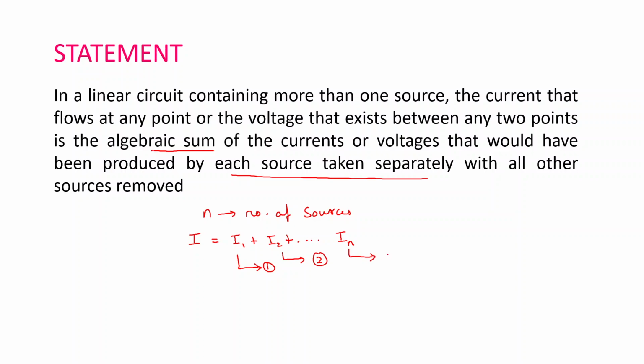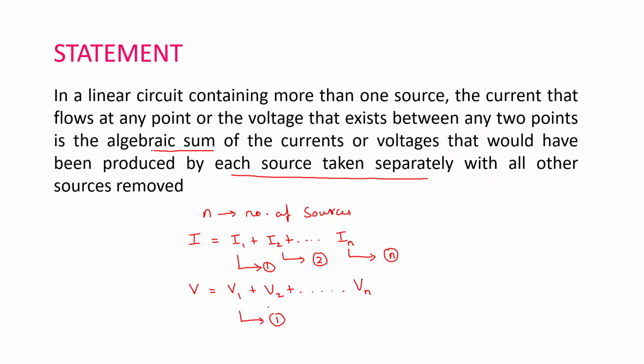Similarly till IN, for the nth source. If we would like to compute a voltage across a particular element in the circuit, then it is also V1 plus V2 plus so on till Vn, where V1 is the voltage across the particular element because of only source 1 acting in the circuit.